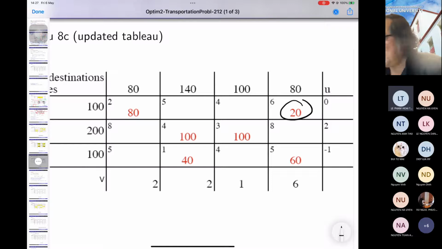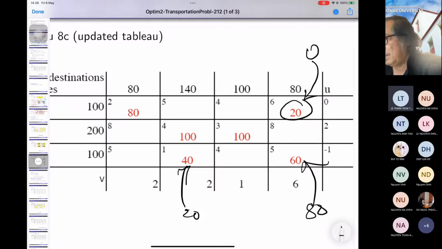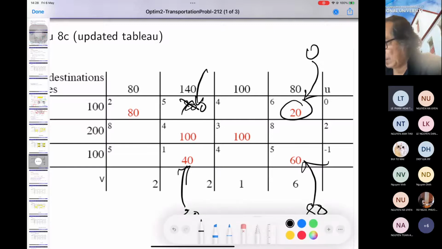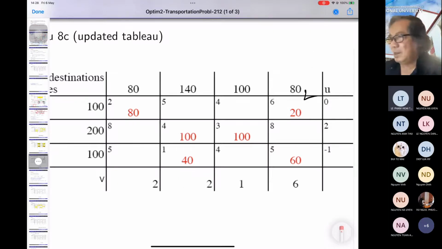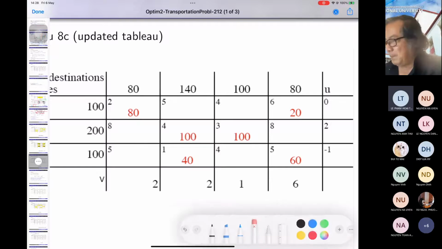In the previous BF solution, 0 becomes 20, 80 becomes 60, 20 here becomes 40, and this 20 now becomes 0. Is that okay? And 0 means the leaving variable, which means it is outside.